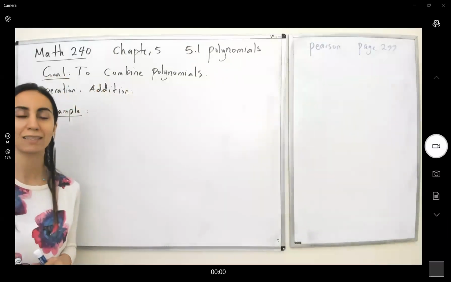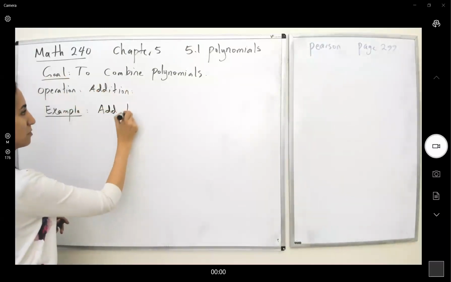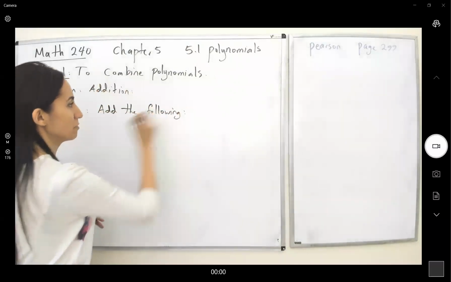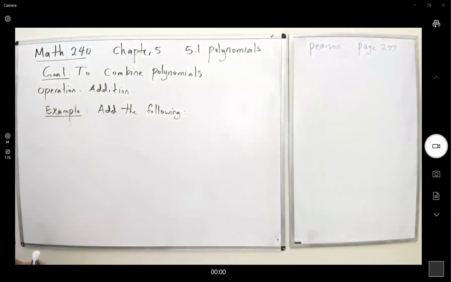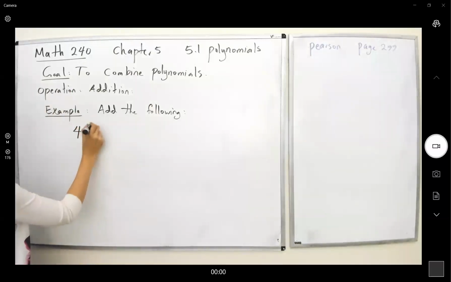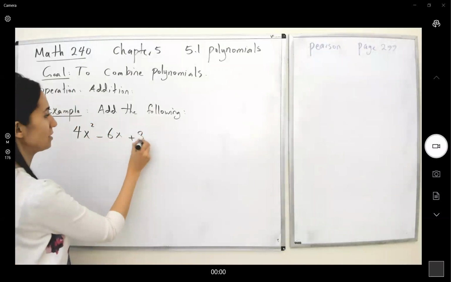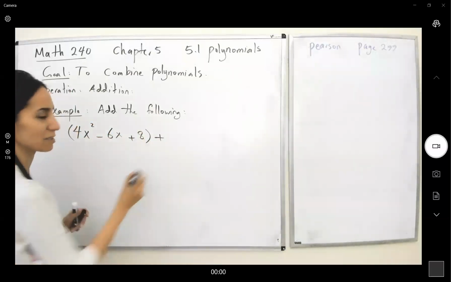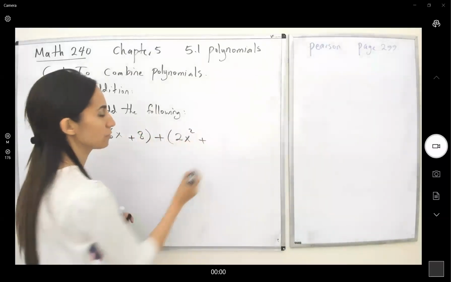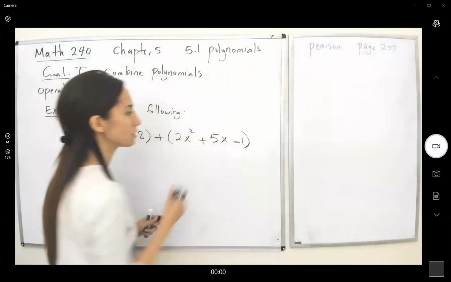Suppose we want to add the following polynomials. So here you have 4x squared minus 6x plus 8 plus 2x squared plus 5x minus 1.